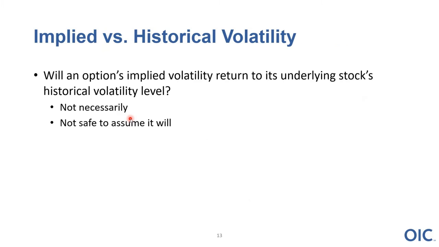For a variety of reasons, the stock may set a new course for how the volatility in its share price will look moving forward. There might be a new normal set for the fluctuation in stock prices. It's not safe or it's not assumed that volatility levels are going to merge and gravitate towards the long-term historical volatility level.